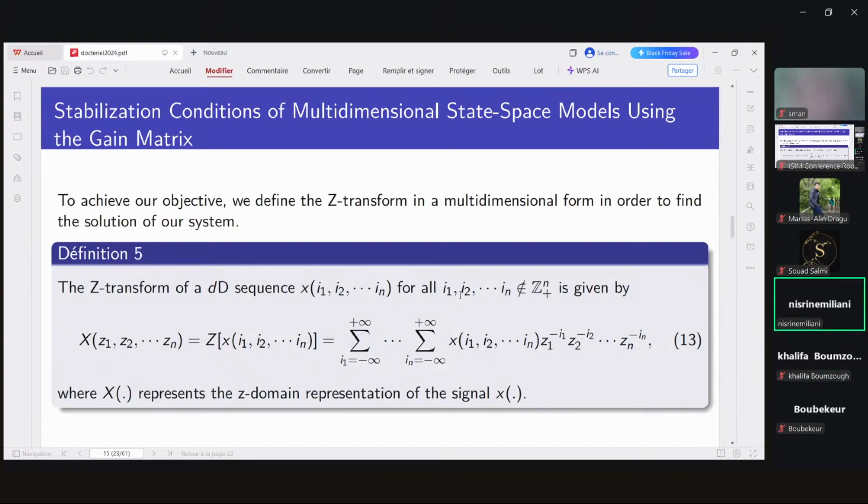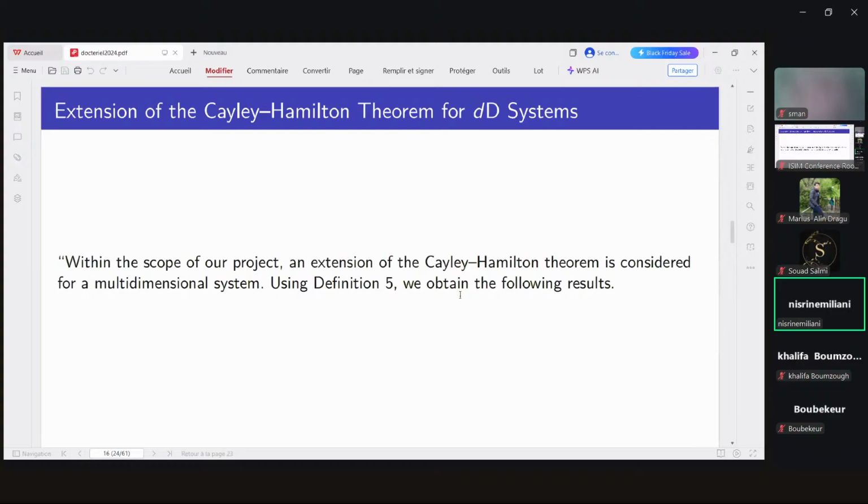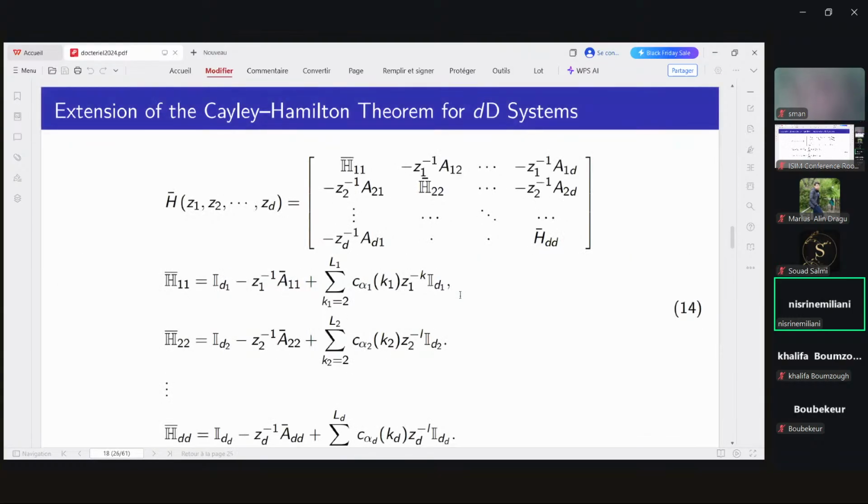For the scope of our objective, an extension of the Cayley-Hamilton theorem is considered for a multidimensional system. Using definition 5, we obtain the following results.